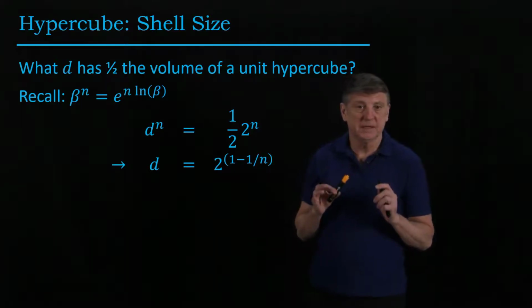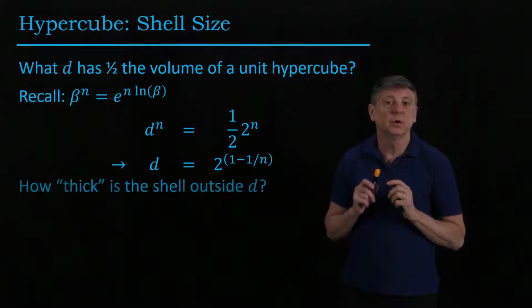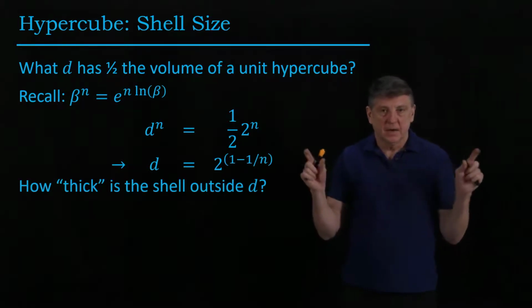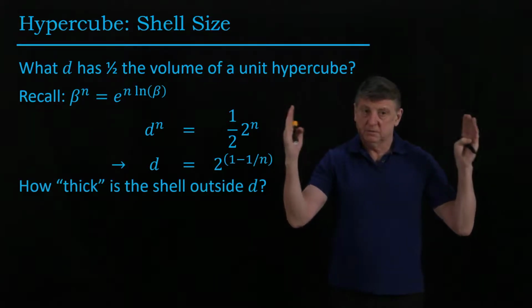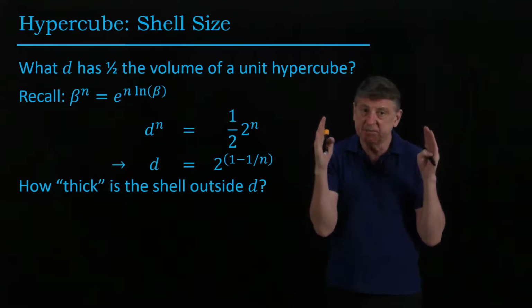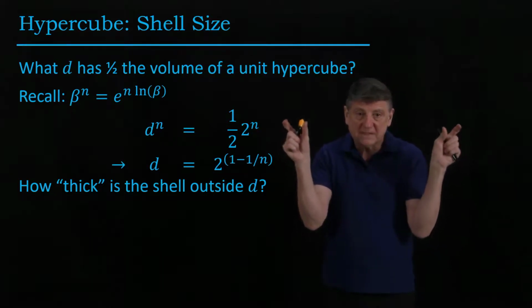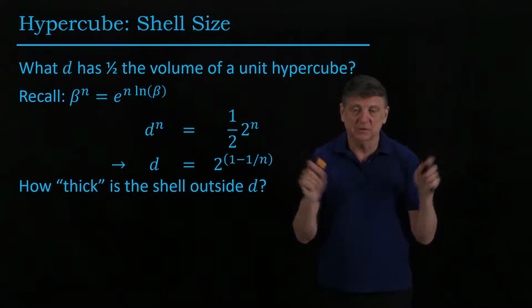Immediately I'm going to get a little bit suspicious, so I'm going to work through a little more arithmetic. I have a unit hypersphere, and now I have something of size d, and that d has half the volume of the unit hypersphere. What's the thickness of that shell on the outside?